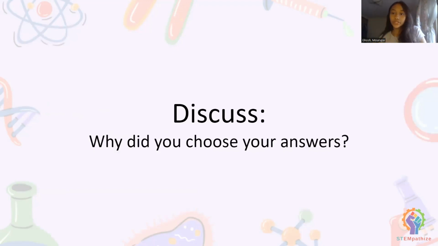Why did you choose your answers? I knew that the first statement, the species is from its ecosystem, was for native species, because that's the definition of a native species. I also knew that native species means that the species belongs in its ecosystem, which is statement number 4.